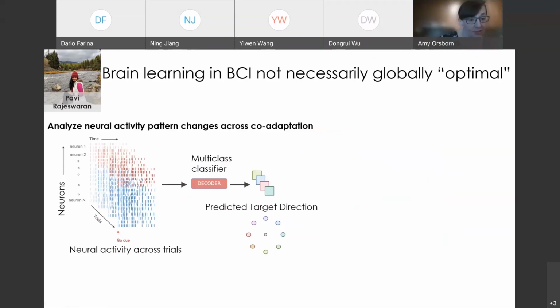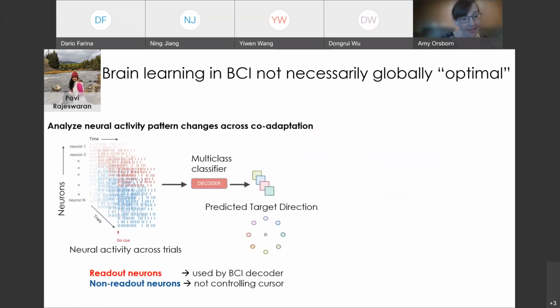So just to be clear, this decoder that we're building is separate from the decoder that's being used to actually control the BCI itself. In this analysis, she's looking at both what we call readout neurons, a small subset that are actually being mapped through the BCI decoder to control the cursor, and the non-readout neurons. These are other neurons that are nearby, but are not directly controlling the cursor.